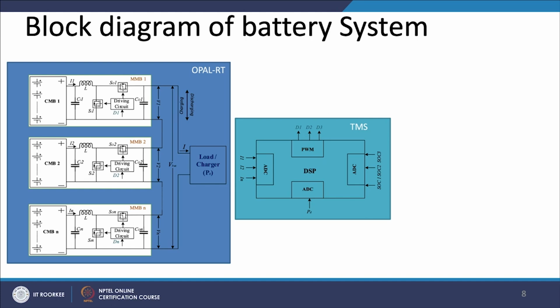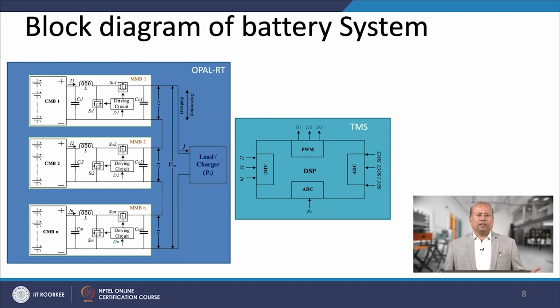This is the block diagram of the battery storage system connected to a DC bus, and from the diagram we can observe the 3 battery modules connected to a load or charger.